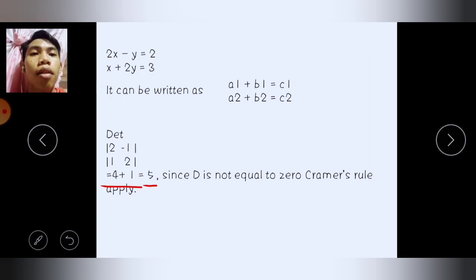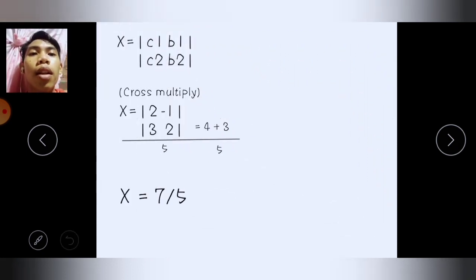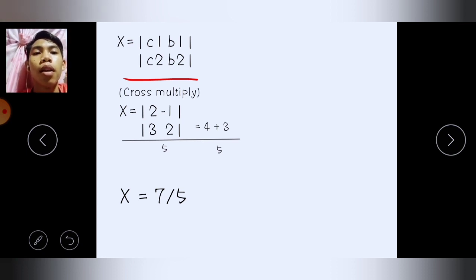So next, we're going to get the x. For solving x, we have this given formula. So c1 is equal to 2 and c2 is equal to 3. Then b1 is equal to negative 1, then b2 is equal to 2.